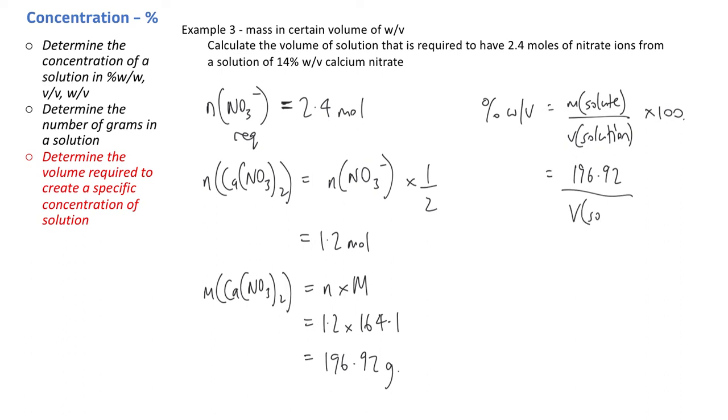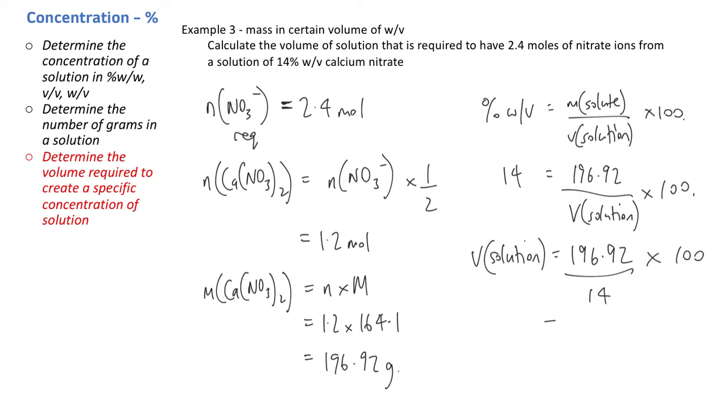I don't know how much volume I'm going to need to get there, but I know that it is 14%, and I have to times that by 100. So I rearrange this equation so that the volume of the solution is equal to 196.92 over 14 times 100. That seems like it's going to be a very big number.